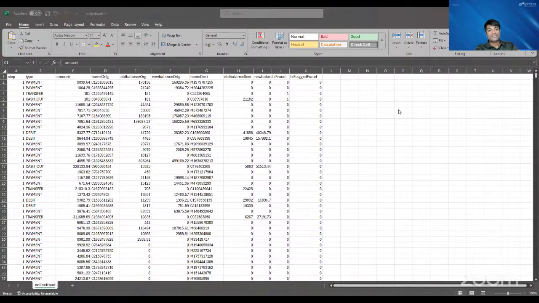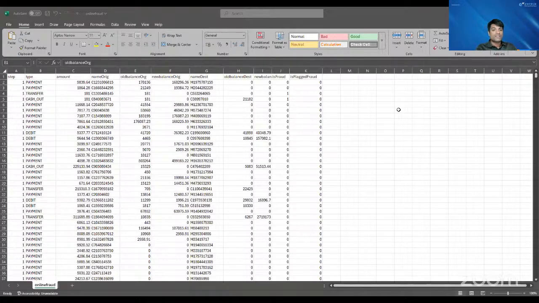The next thing is the name. Name original is a coded name, because when you take this kind of data, usually you will not get the name of a particular person due to privacy concerns. Now the next thing is the old balance.